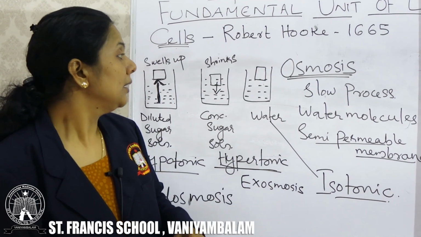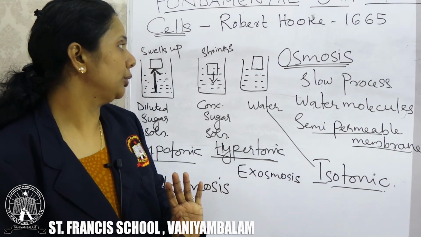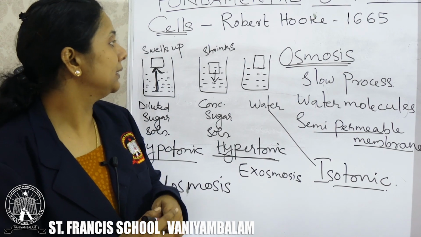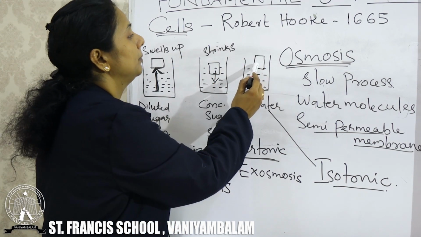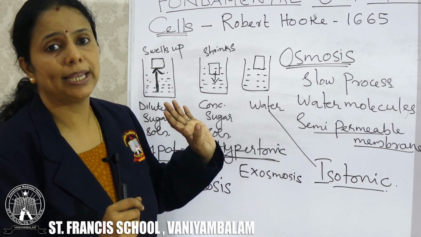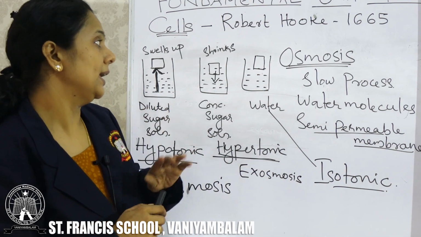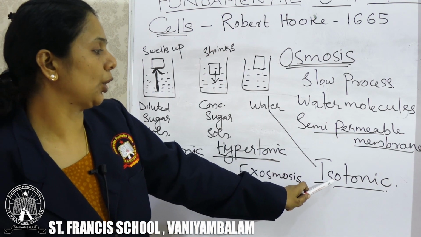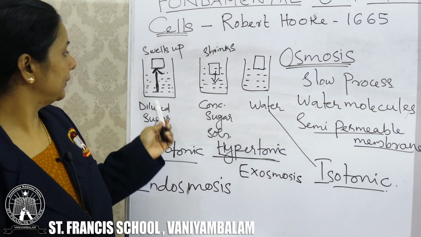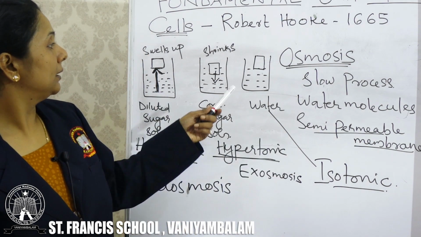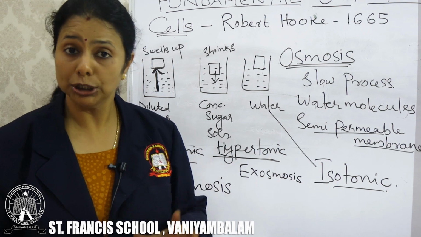In isotonic solution, movement of water does not happen and the cell stays the same size. There will be no change in the size of the cell. That is isotonic solution. So these are the three different types of solutions, and this is the example of osmosis.